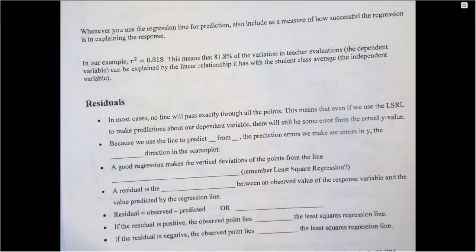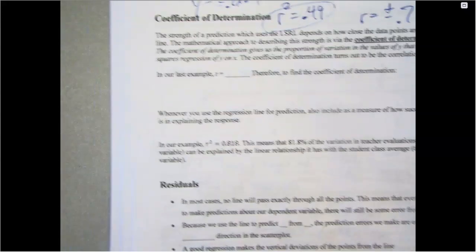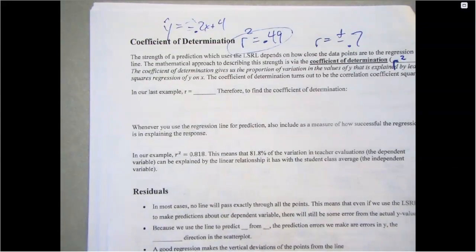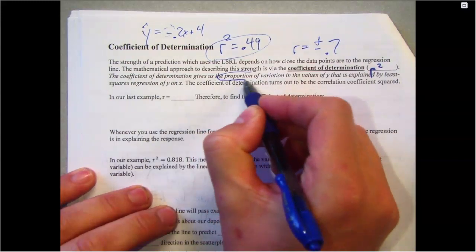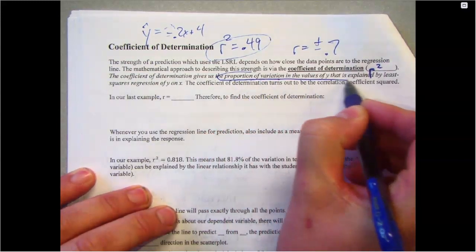So there's like 18-19% left that we haven't explained, but if I just use this one variable, I can get 81.7% of the way there. So it's like 81% accurate is a way to think about it. But the phrase that the AP test will use is this proportion of variation that is explained.